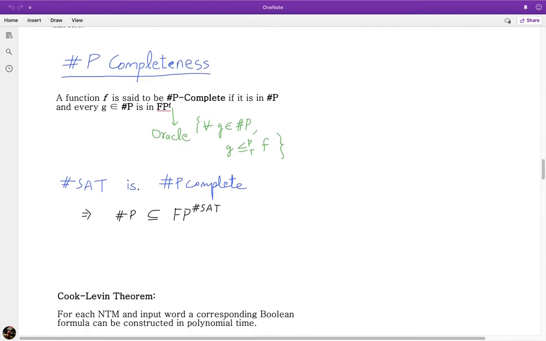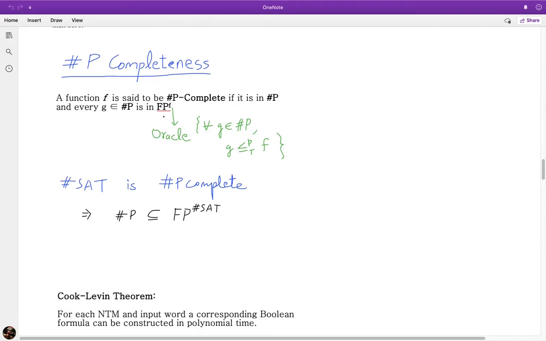Let us define #P completeness. A function f is said to be #P complete if it is in #P and every g which belongs to #P is in FP^f.